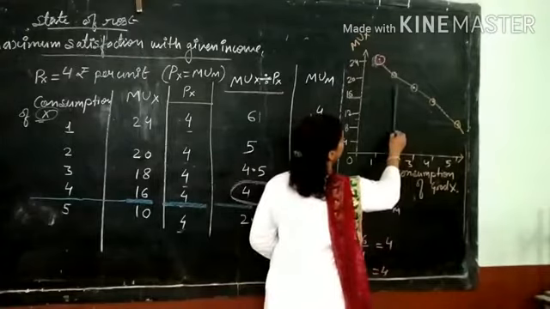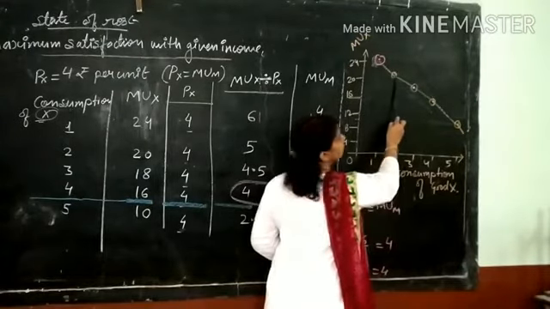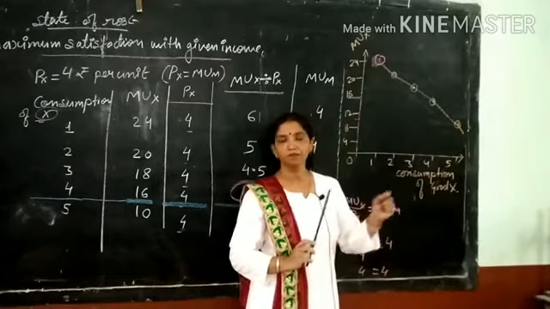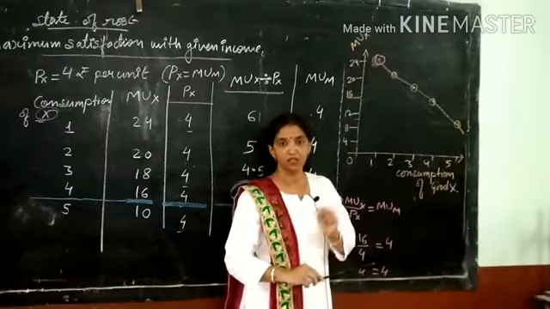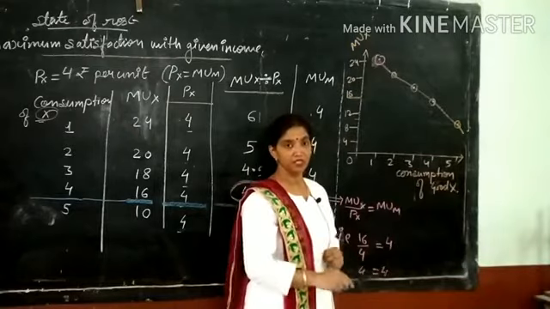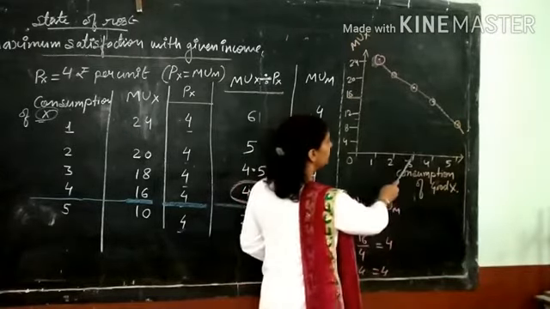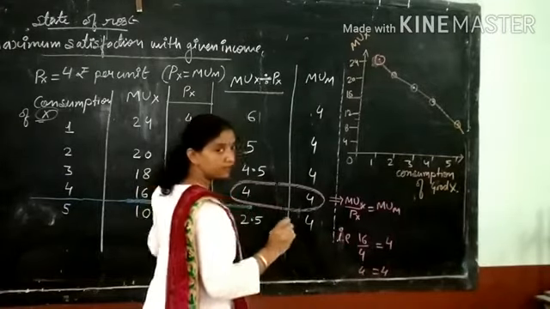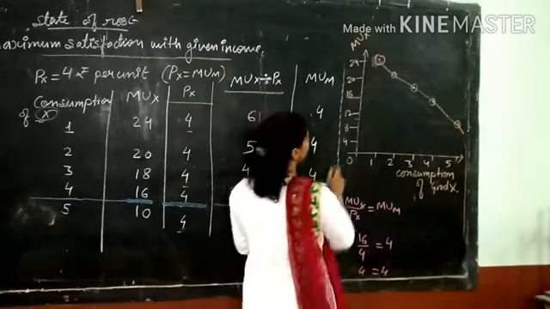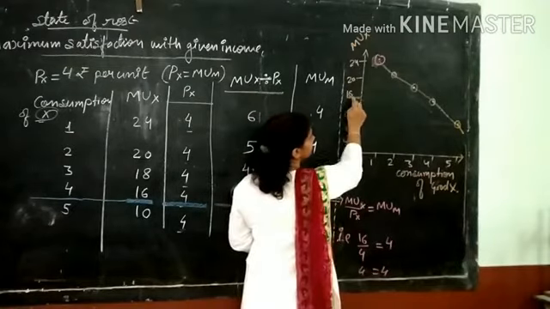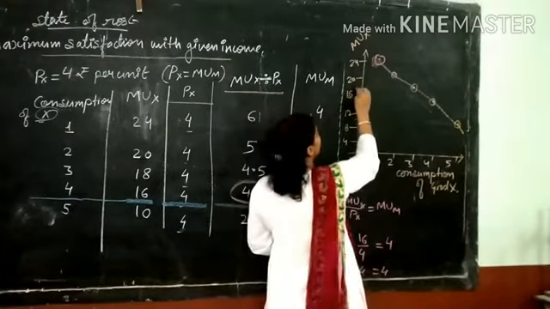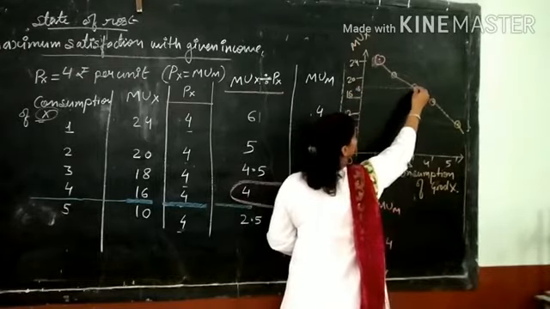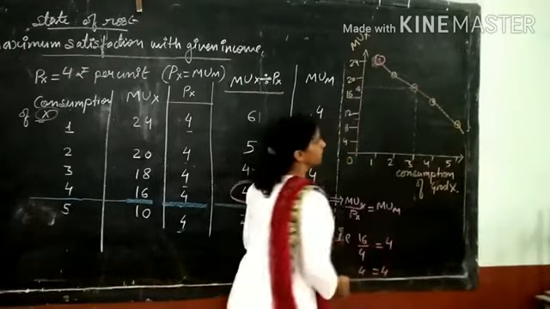At the third level of consumption, he is consuming 3 units of good X. At this level, he is getting 18 utils. What is 18 utils? So 18 is in between 20 and 16. तो यहाँ पर अपना 18 है. 18 will be marked for the third level of consumption and it will be here.